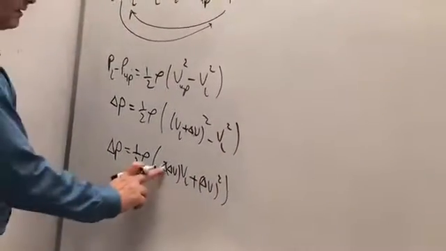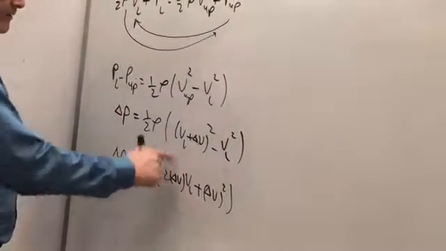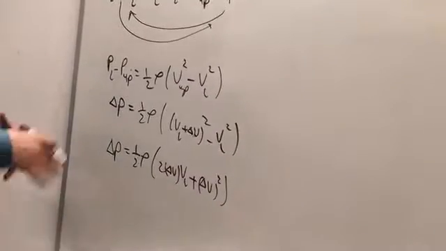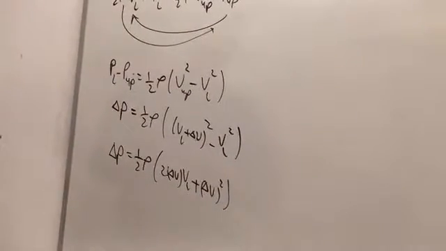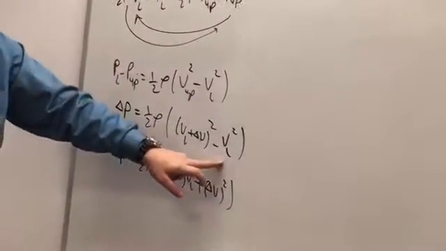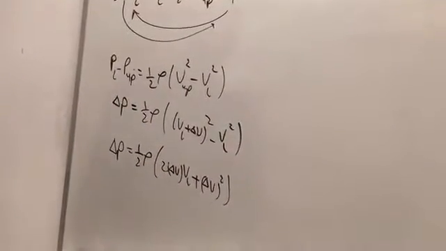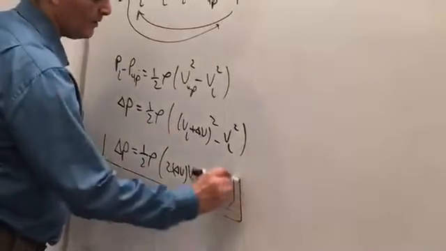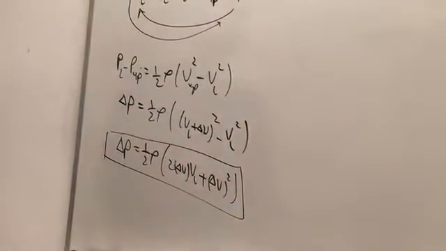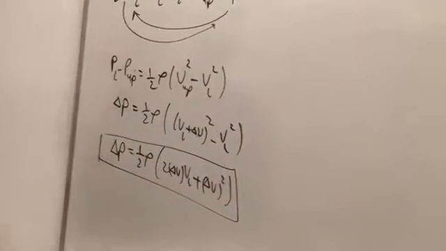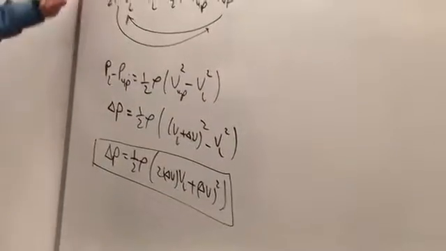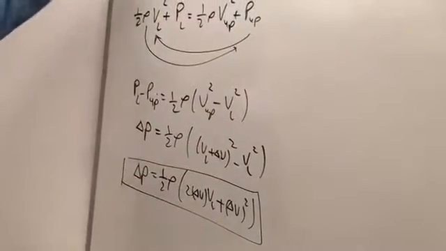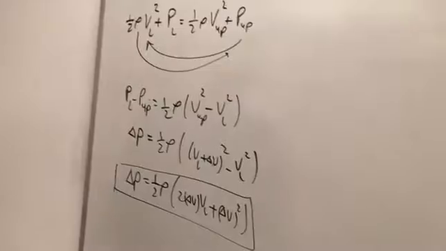The V lower squared terms cancel out, since I have V lower squared minus V lower squared. So this represents the pressure difference across the wing. Keep this in your hip pocket for the moment; it's based on the breakdown of the problem, which is good.